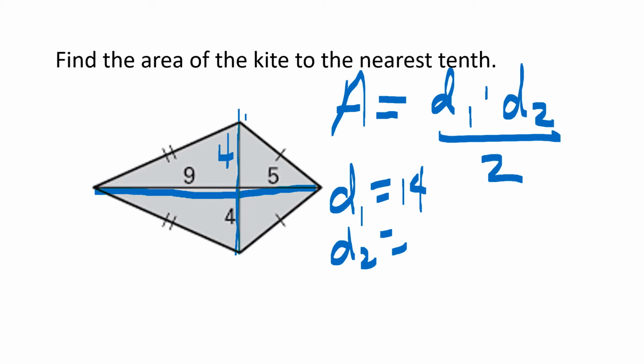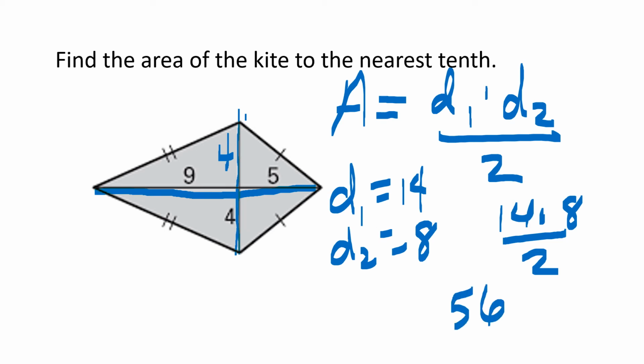So this is 4, and 4 plus 4 will give me 8. So now I'm going to use the formula 14 times 8 divided by 2. 14 times 8 is 112. 112 divided by 2 is 56. And since there are no units, units to the second power.